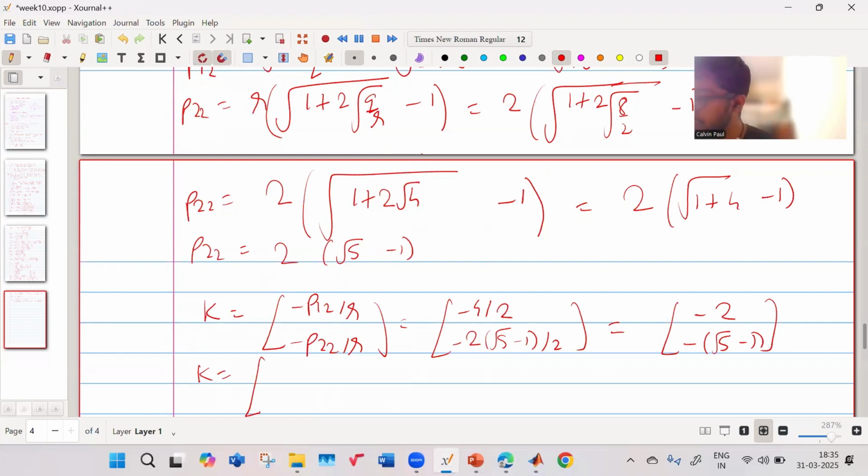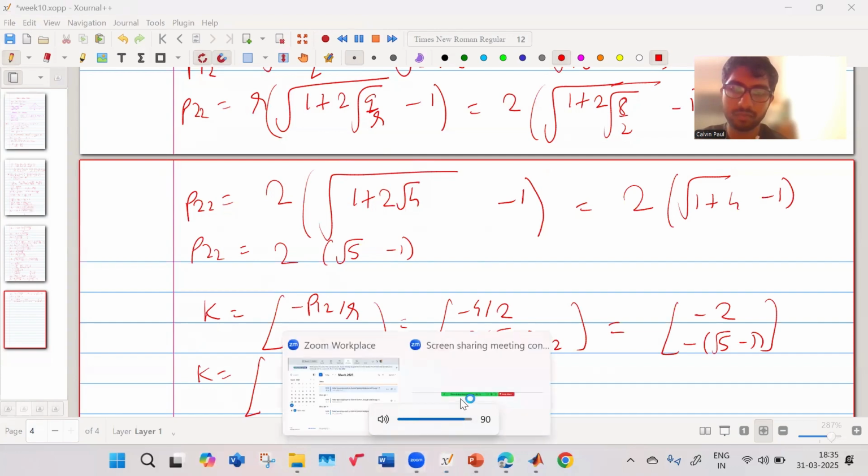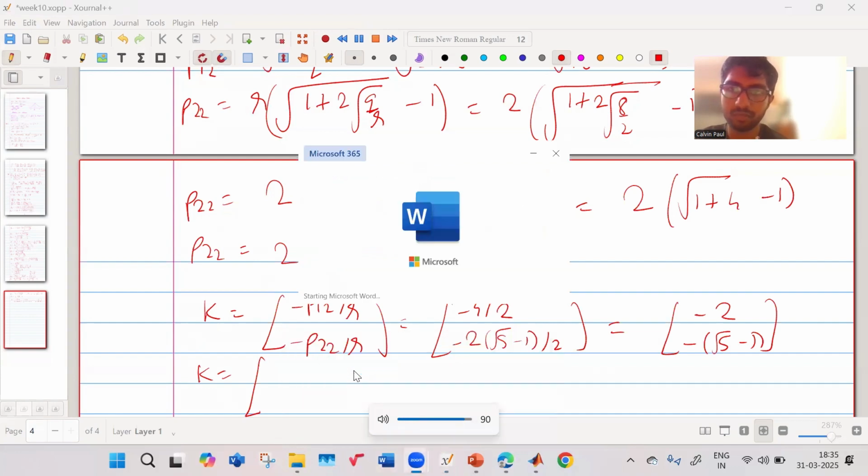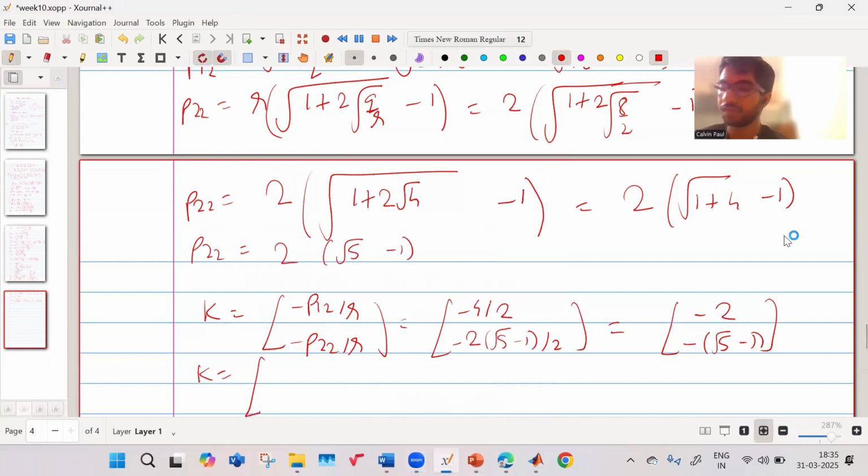Can you calculate and tell me what is square root of 5 minus 1? Okay, it comes out to be minus 2 and minus 1.236. So this is the gain K which comes out.